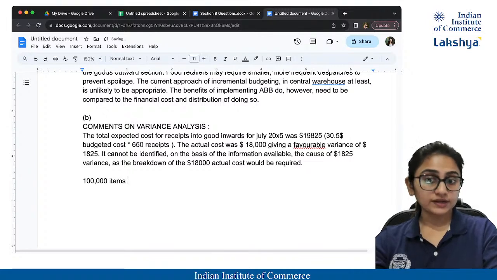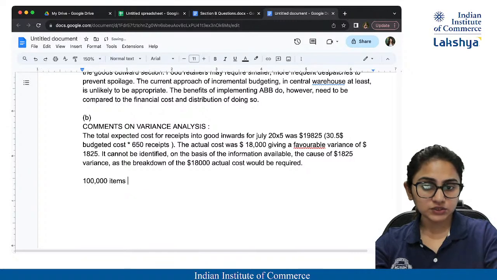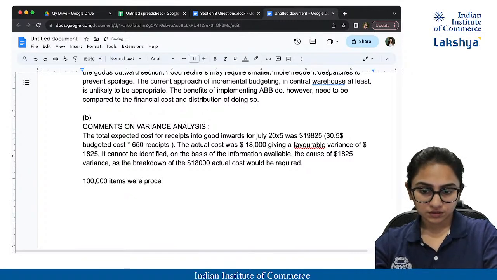How did you get 1 lakh? Don't forget 12 lakh divided by 12 months. So per month 1 lakh. 1 lakh items were processed in July 20x5, which is the same as budgeted amount.